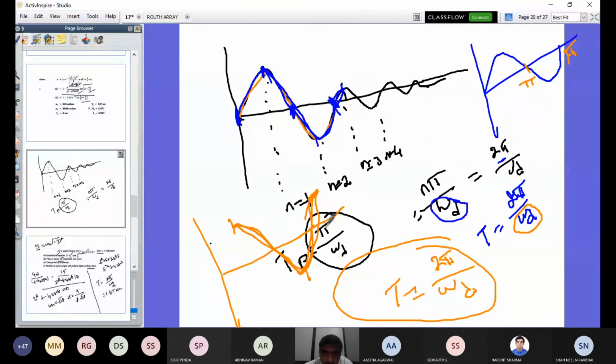So here to here, n value is 2, pi by omega d is 2 pi by omega d. Any doubt in that? This is for time period of oscillation. Time period of oscillation and undershoot. First undershoot, how to determine both, it should be same. Any doubt?